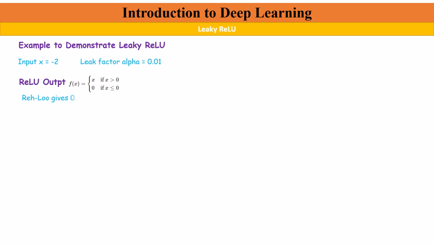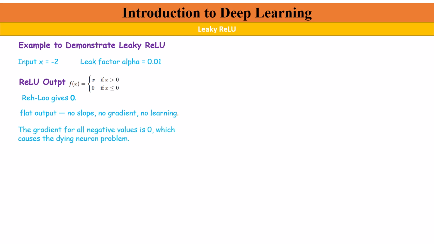Now let's take an example to see how Leaky ReLU works. Suppose our input is -2 and the leak factor alpha is 0.01. ReLU gives 0. This is a flat output. No slope, no gradient, no learning. The gradient for all negative values is 0, which causes the dying neuron problem. Leaky ReLU gives -0.02.